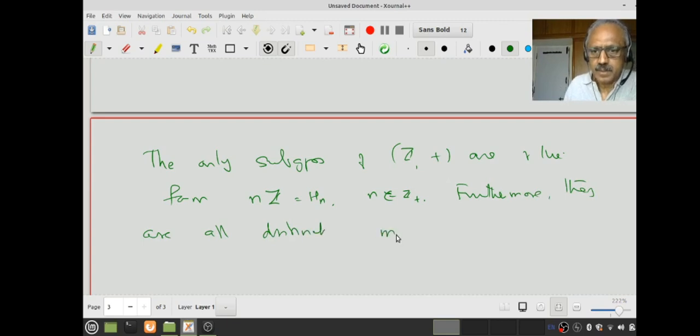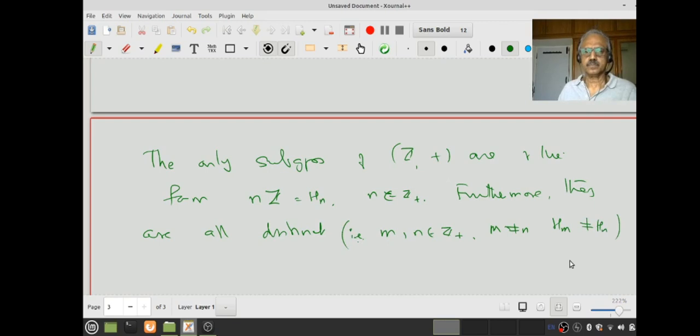What does it mean? If m and n are in Z plus and m is not equal to n, then Hm is different from Hn. Okay, this is the final result we have proved. Okay, pause, review, proceed.